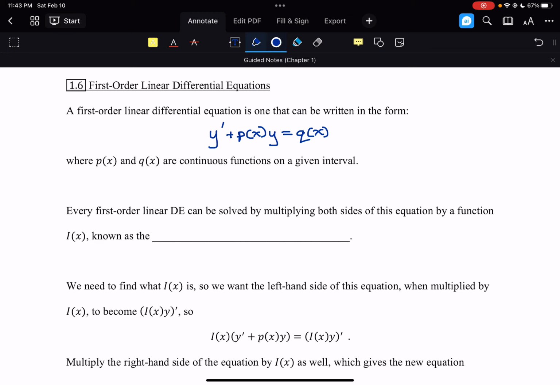So every first-order linear differential equation can be solved by multiplying both sides of this equation by a function I of x, which is known as the integrating factor. So our job now is to find what I of x is.